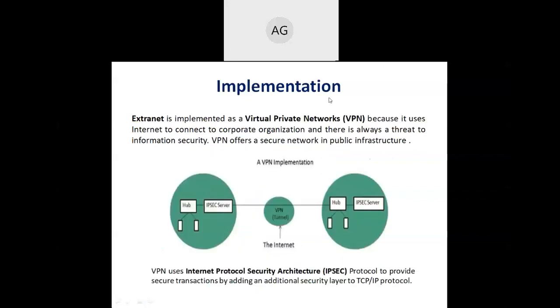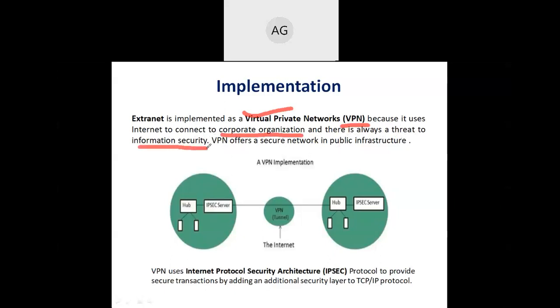Now the implementation of the extranet. The extranet is implemented as a virtual private network, abbreviated as VPN, because it uses the internet to connect to corporate organizations, and there is always a threat to information security.